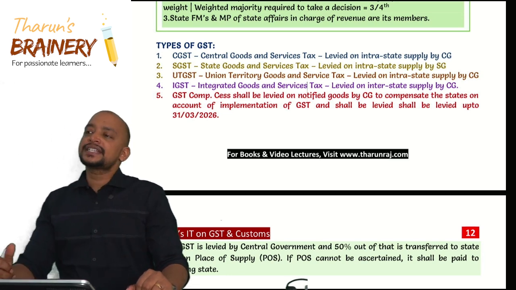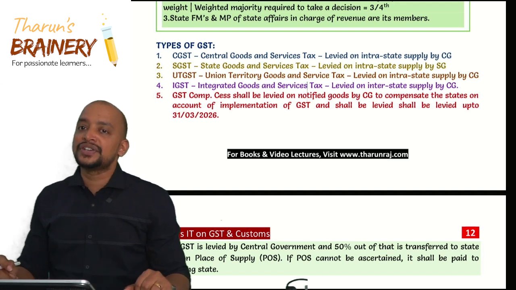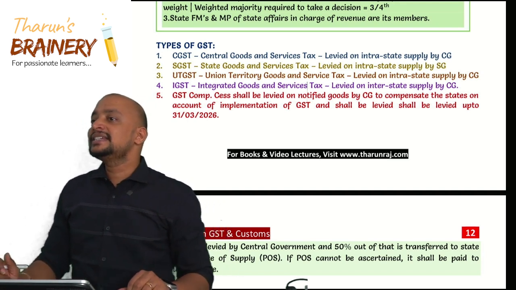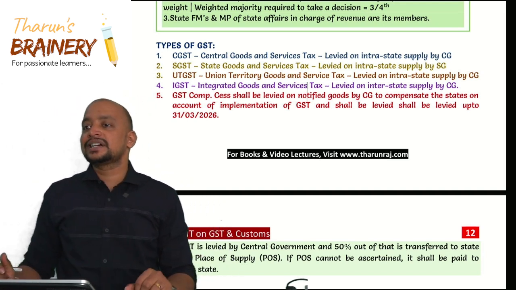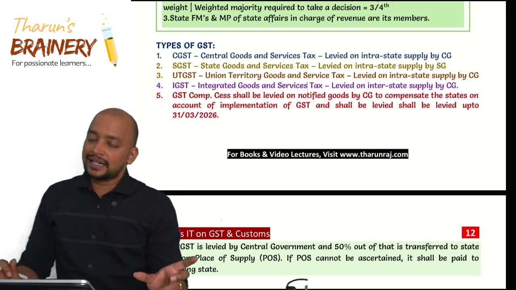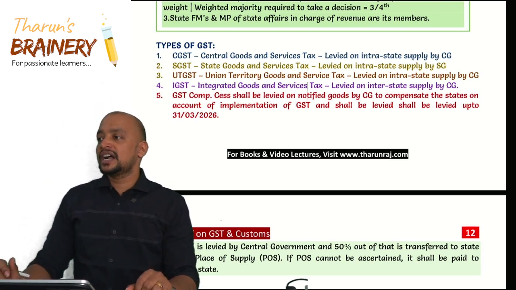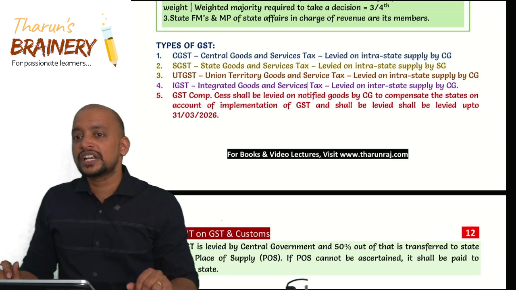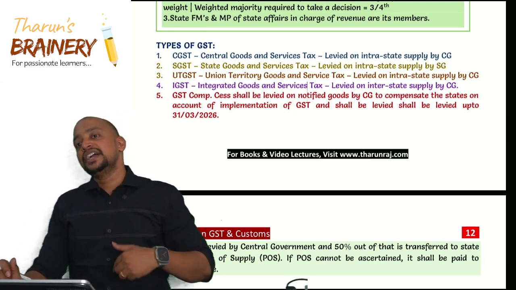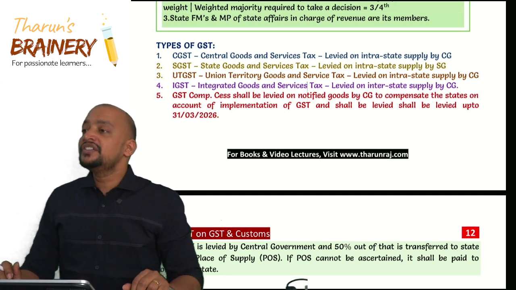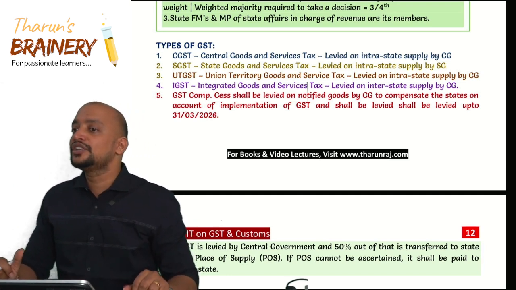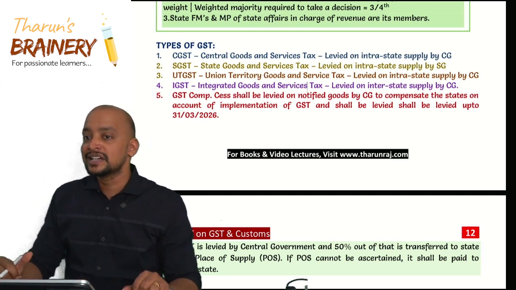So in case of interstate supply, there is only one GST. What is the GST? IGST. IGST levied by whom? Central government or state government or both? Central government. IGST levied by central government, fully retained by central government, or it will be shared with the state government? It will be shared with the state government. Is it the originating state or the consuming state? Consuming state.